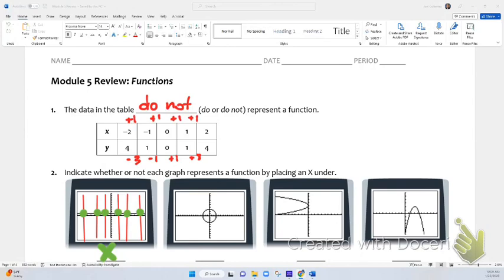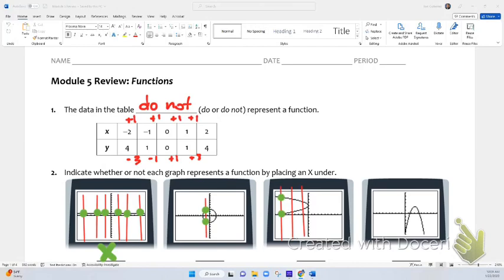If it hits it more than once, I'll give you an example. When I draw a line going straight down, it hits it here, it hits it here, it hits it in more than one spot, which means that it is not a function. Same thing with the next one: if I draw lines going straight down, imitating a pencil, you'll notice that it hits it in more than one spot.